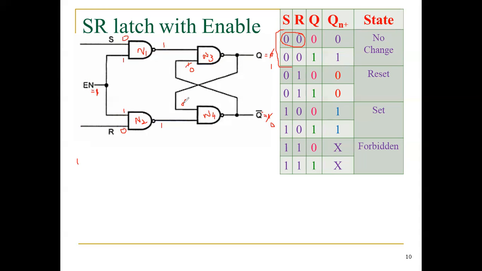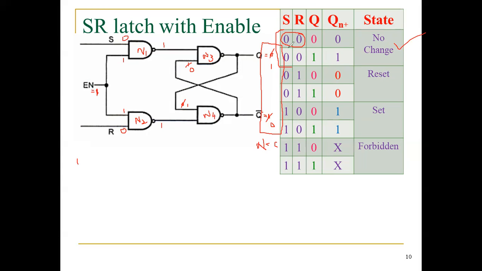That 1 comes to here. Now both the inputs of this NAND gate equal to 1, hence it makes a 0. So it gives a clear picture that whatever the assumption I made, the same thing will be retained. So I can say this is a no changing condition.